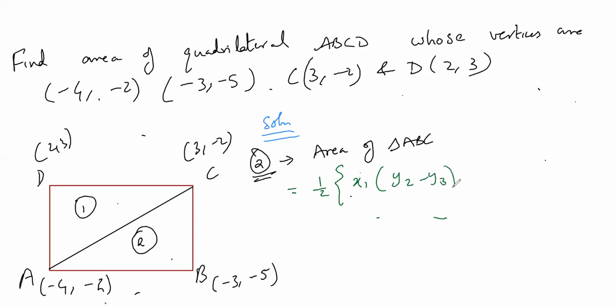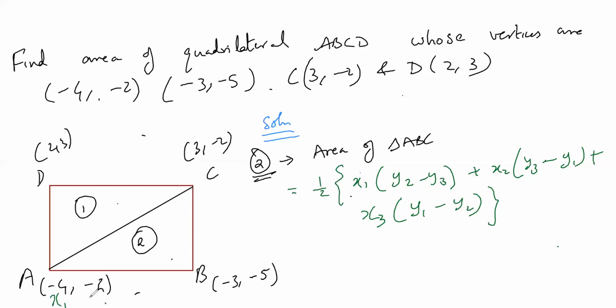Next is x2, 2 means 3 and 1, so I have to use y3 minus y1, plus x3. 3 is coming means I have to use 1 and 2, y1 minus y2 respectively. It's a very easy formula to remember. First time when you are seeing it, it may look difficult. So I am taking this as x1, y1, x2, y2, x3 and y3.